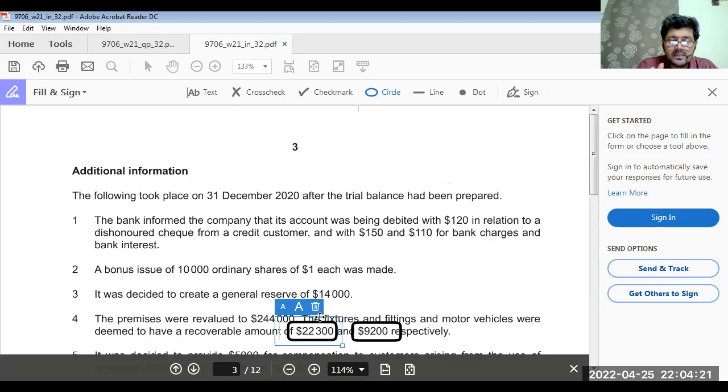So again, the same thing which we follow in inventories, lower of cost or NRV. The carrying cost is lower than the NRV or recoverable amount, so we are not going to change the amount. The company did not sustain any loss here because the carrying cost is $22,080 and the recoverable amount in the future is 22,300. So don't touch it.